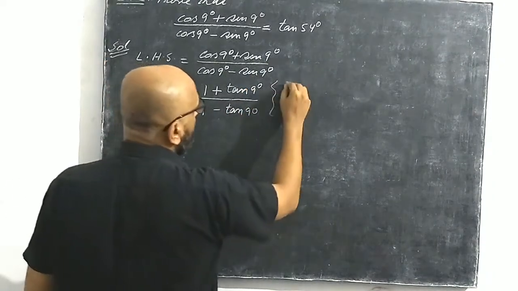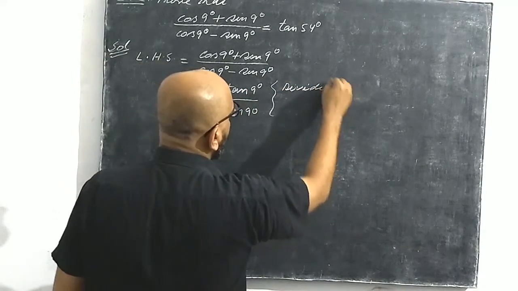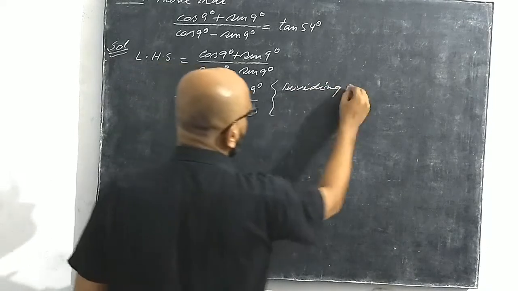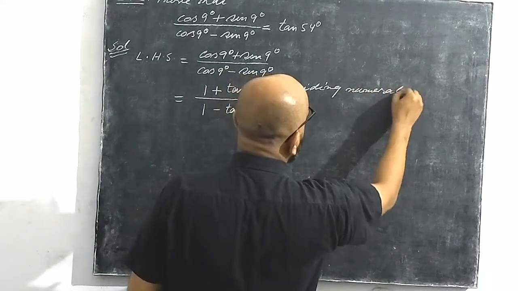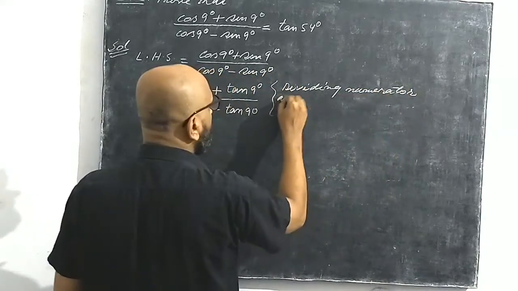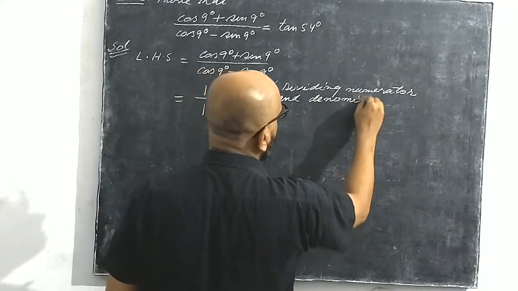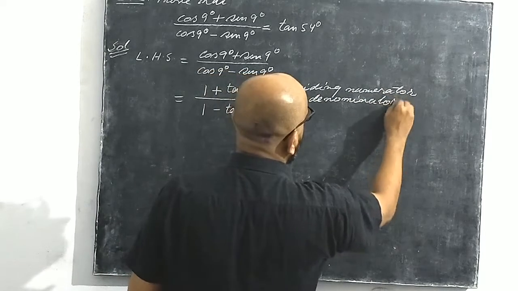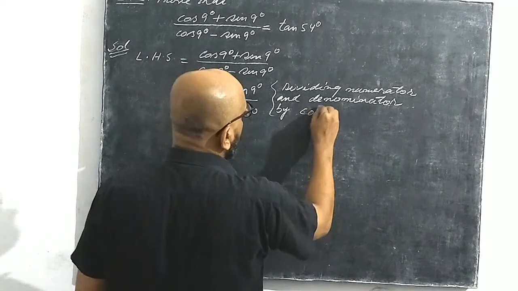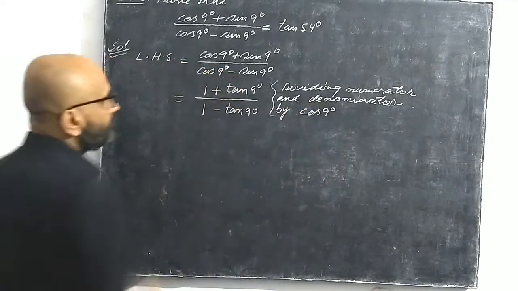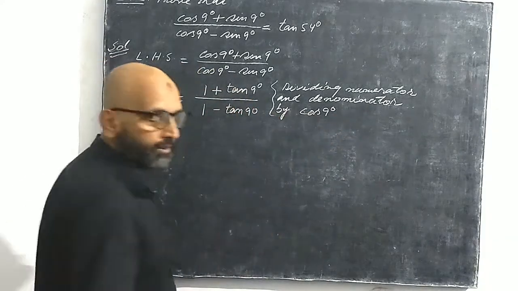So here we may write, dividing numerator and denominator by cos 9 degree. The operation we have carried out, we have written on the right hand side.